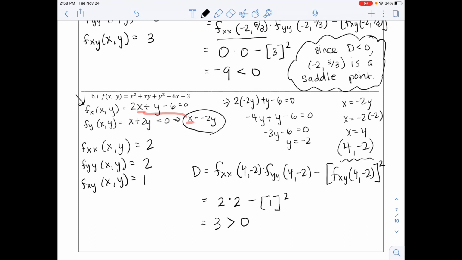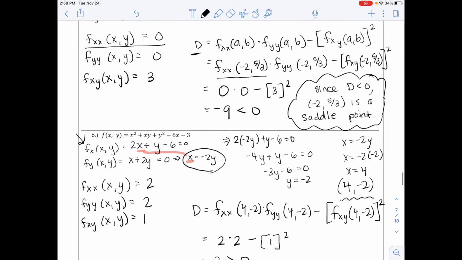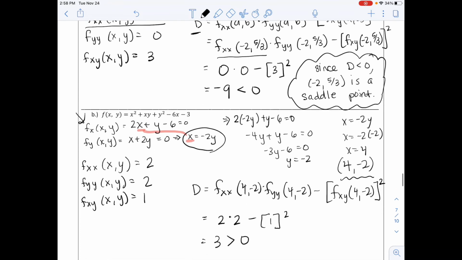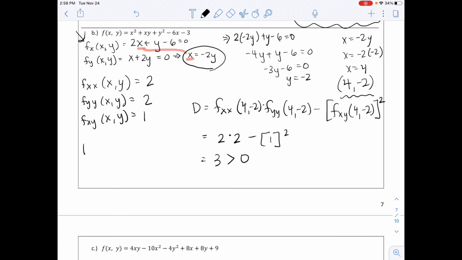So looking up above at my table or at the way that it was written out before, if our discriminant is greater than 0, we have two options that might happen. It could be a relative maximum or a relative minimum, and so I have to look at my second order partial derivative with respect to x twice to determine if it is greater than 0 or less than 0. So for this problem, I know that d is greater than 0, so our discriminant is greater than 0, and our second order partial derivative evaluated at the point (4, -2), if you look at that, is 2.